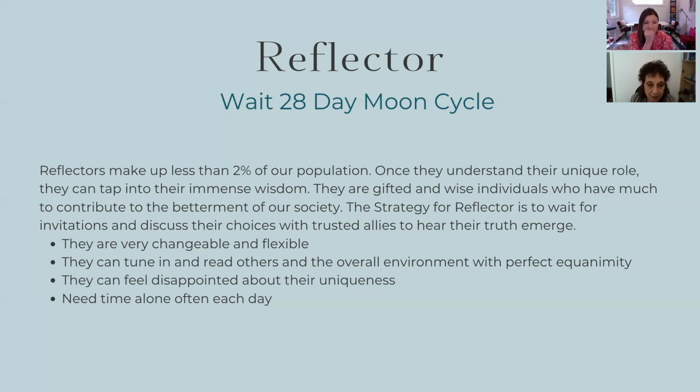To understand why they're changeable and very flexible, I would have to get deep into the teaching of human design about the planets. But they're really able to tune in and read other people, the environment, and the community. How do we make this work? How do we make this better? Like I said, they're very wise beings, looking for a win-win for everyone.